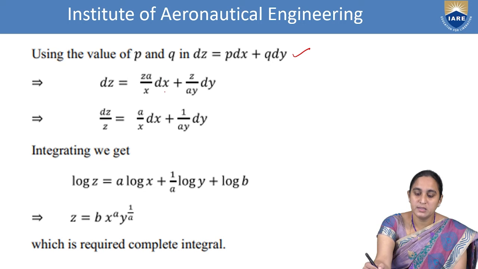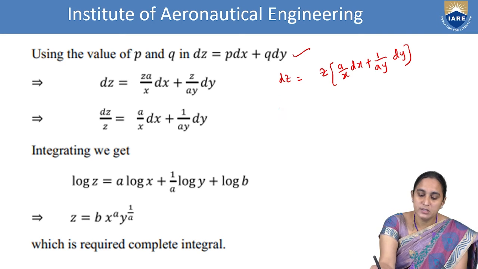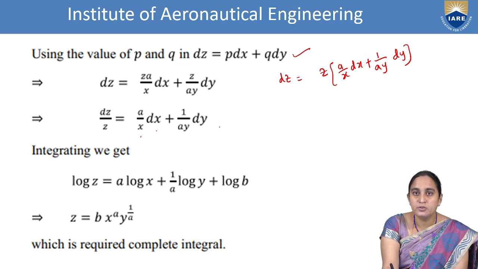Z is common, so I'll take z common, that is z into a by x into dx plus 1 by ay into dy. Therefore dz by z is equal to a by x into dx plus 1 by ay into dy.